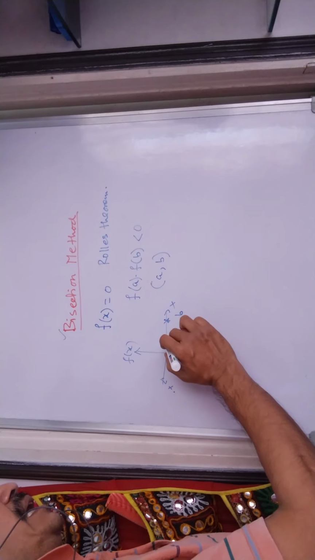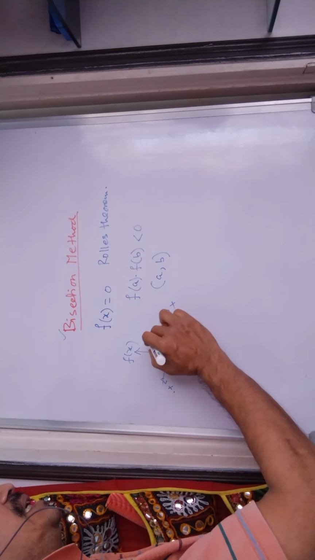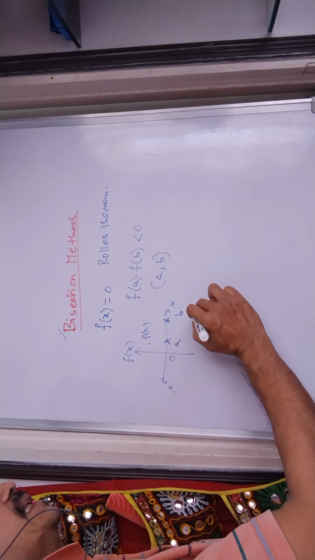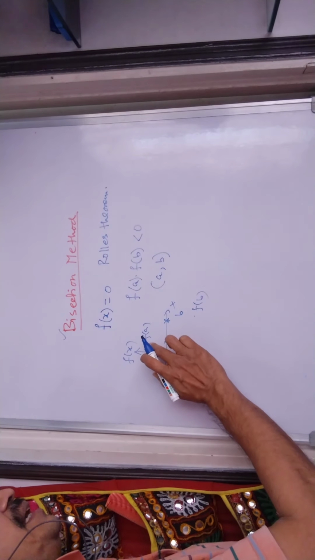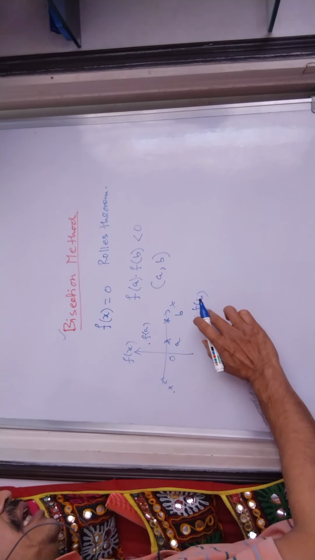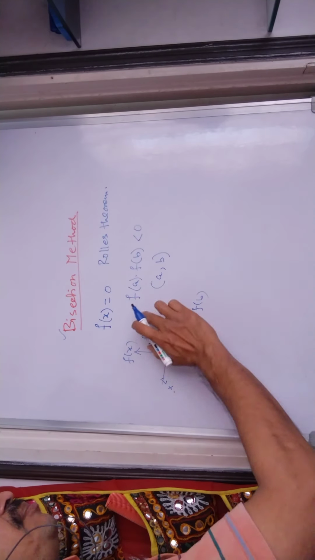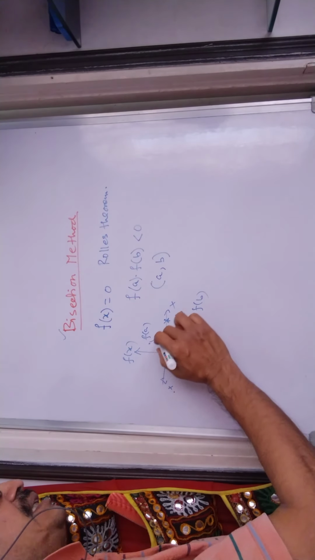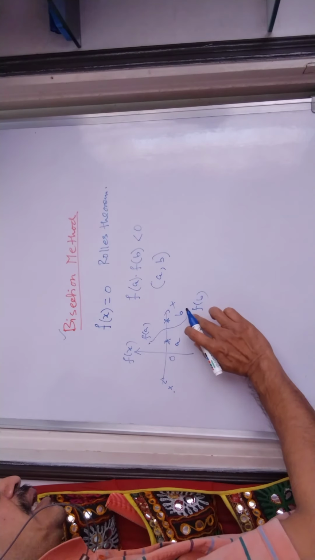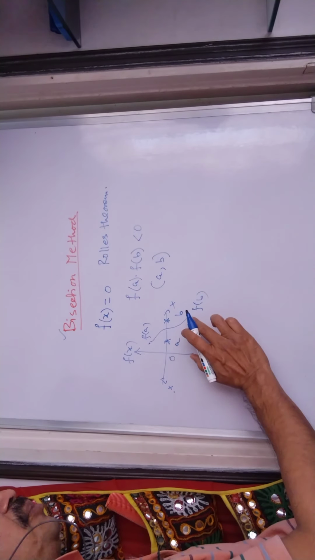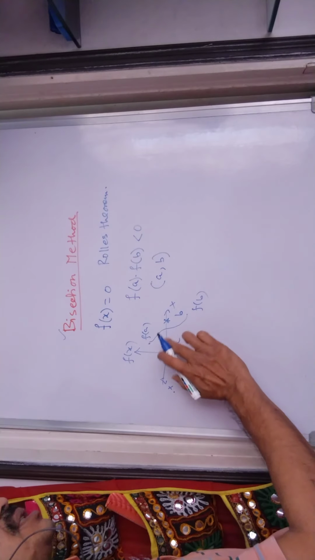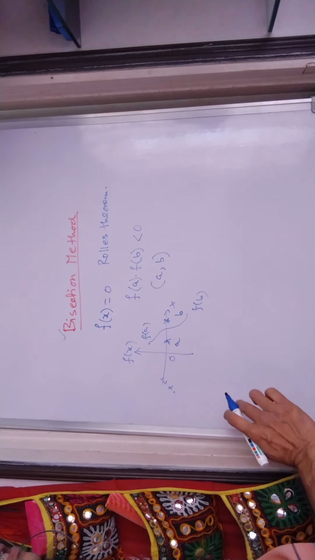But if f(a) is positive then f(b) is negative. In the other case, if f(a) is negative, then f(b) must be positive. And the point of Rolle's theorem is that if f(a) and f(b) are of opposite sign, f(x) must cross the x-axis at least once.